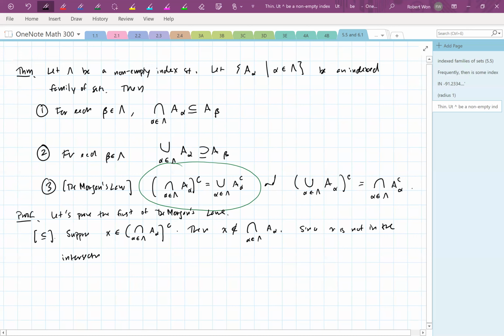The definition of the intersection of these sets was all the elements that are in every single one of the A alphas. So if it's not in the intersection, it means there is some beta such that x is not in A beta. By the definition of the intersection, this means that there exists some beta such that x is not in A beta.